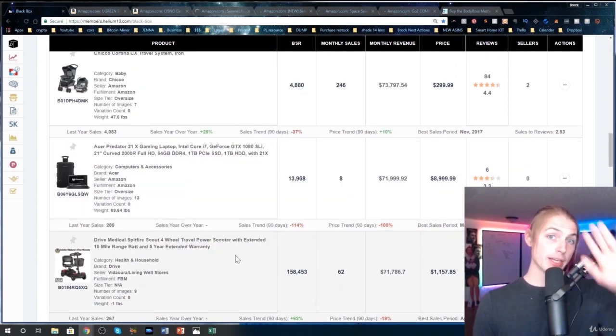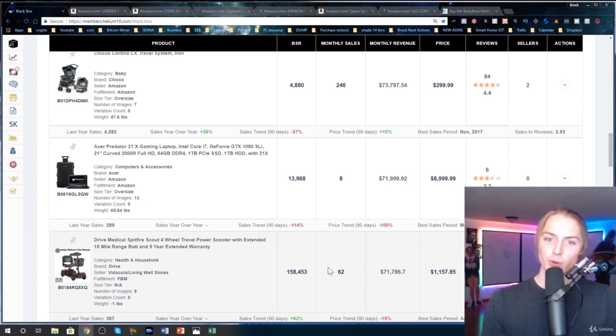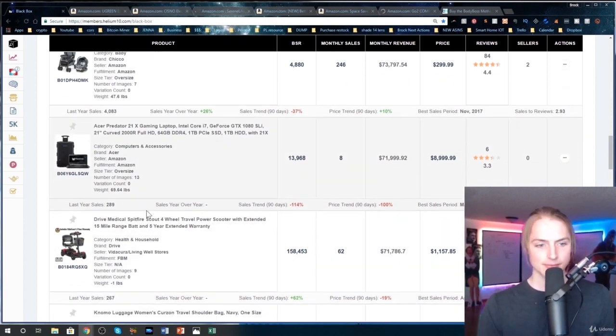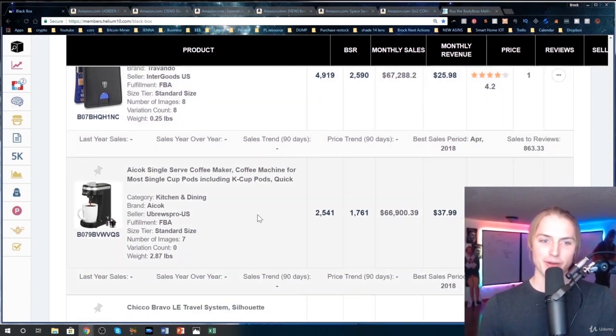And one reason why I'm doing this all is so I want to know everything that whole niche needs. We get a better idea of that customer as we see the ones that are with regards to that main keyword. This is if you were to type in your target audience. A travel wallet. There's so many travel wallets out there that I just don't know how I'm really going to provide any value. And here's a single serve coffee maker again.